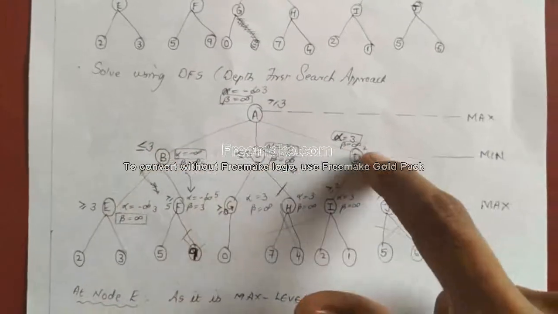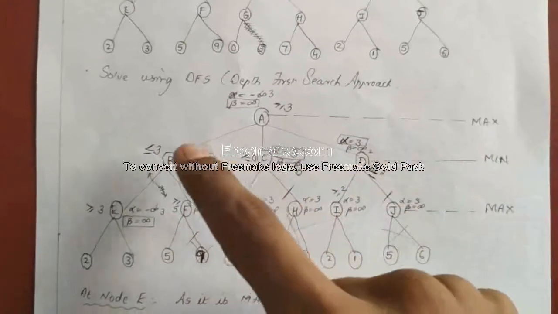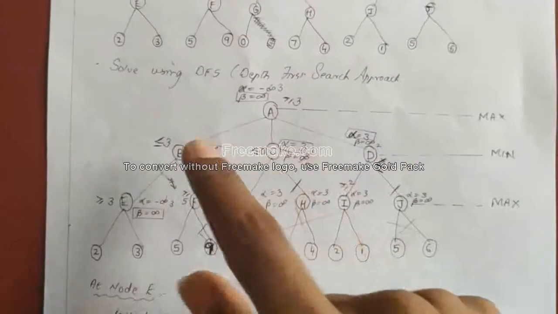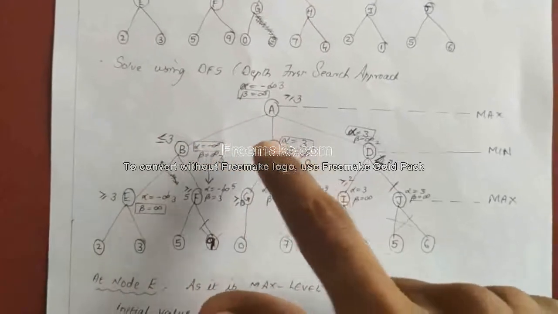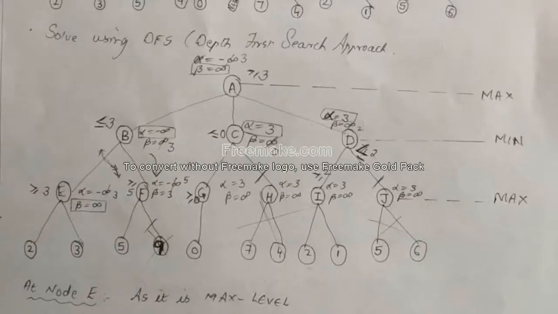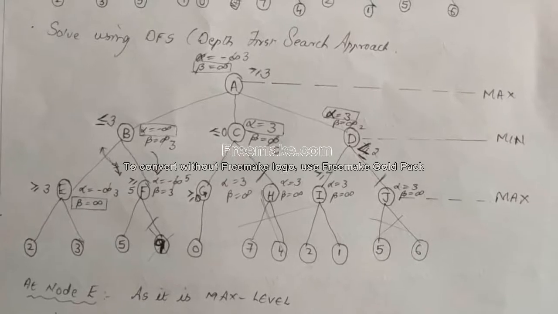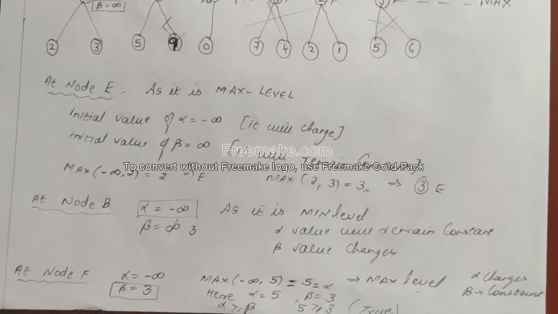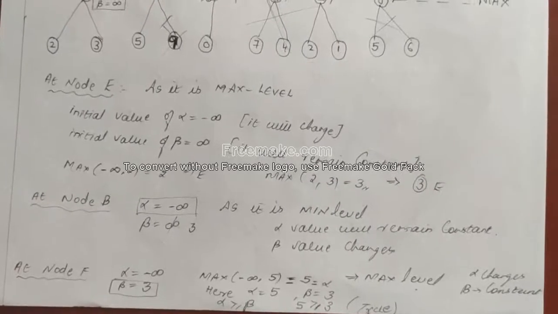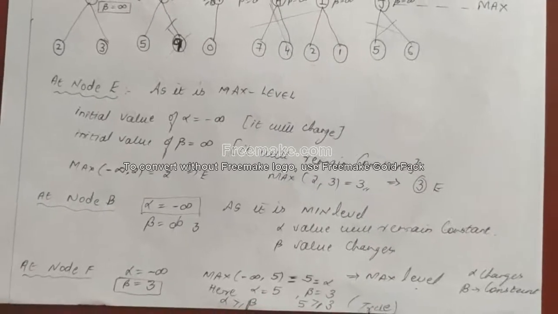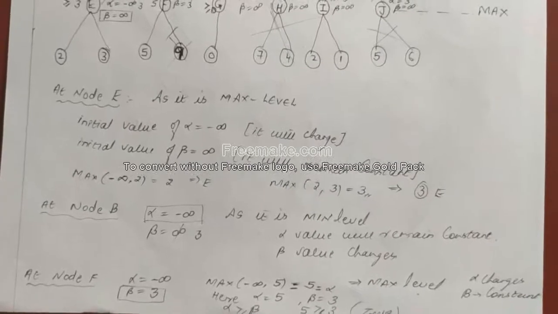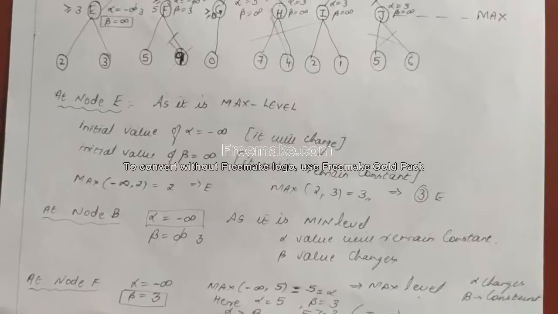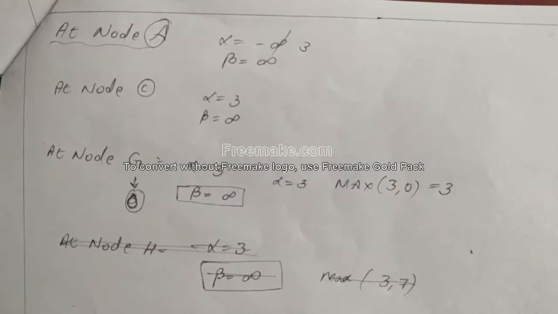So comparing 3, 0 and 3, obviously the maximum value is 3. Hence we have solved the alpha beta pruning problem completely. The below text shows the typical steps to be followed in solving the alpha beta pruning problem, which may be noted down as well.